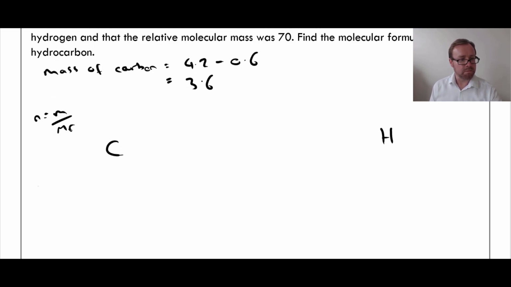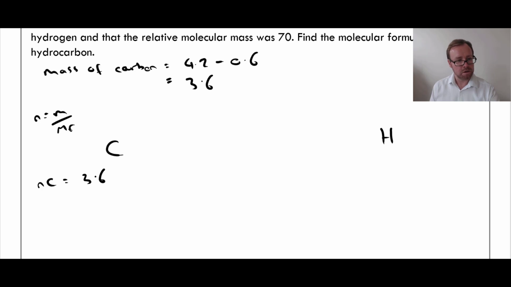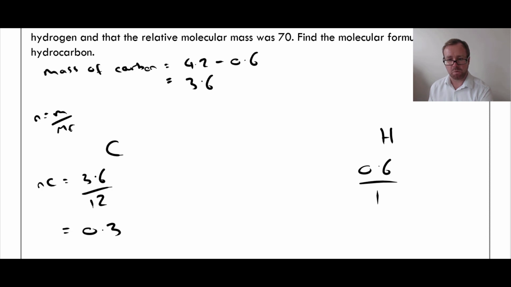So my number of moles of carbon is equal to 3.6 divided by 12, which gives me a value of 0.3. I will just check. Yes, it does. So 0.3 moles. Over here, 0.6 divided by 1 gives me a value of 0.6.